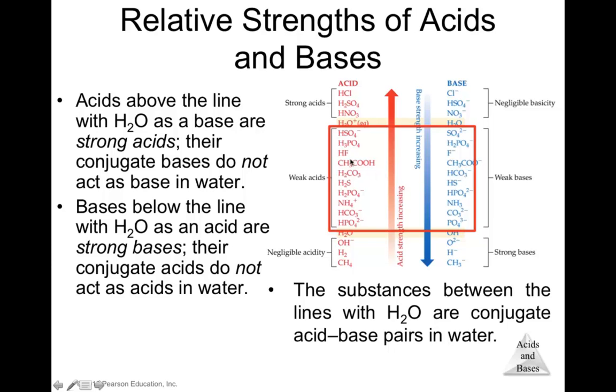This one is a strong acid as compared to this one, so this one is a weak base as compared to this one. But you're going to find both of them because they are not as strong as the top here, and also the bottom here. So you can find both of them, the acid and the conjugate base, or the base and the conjugate acid, in water.